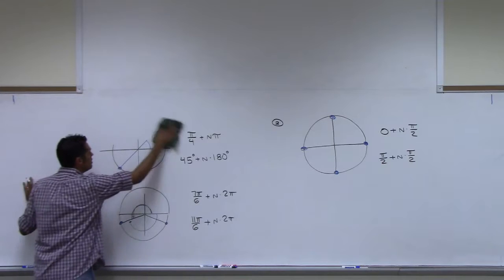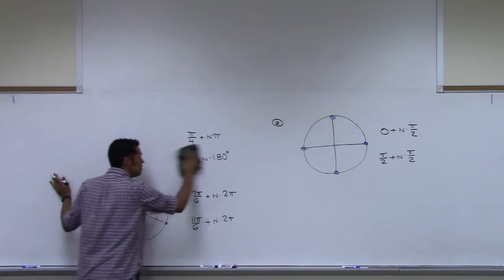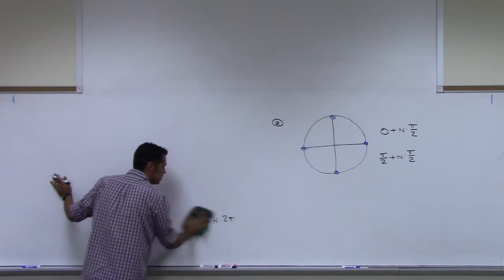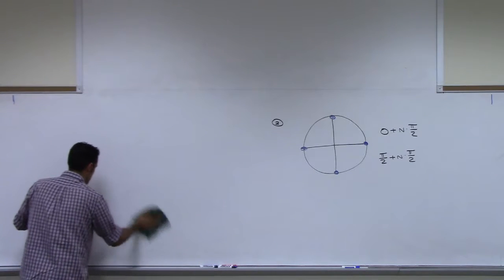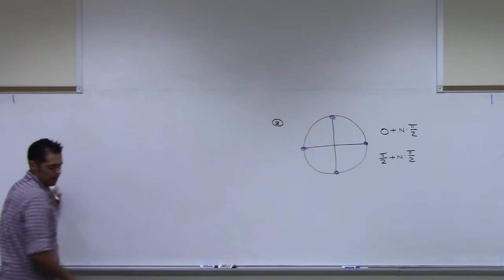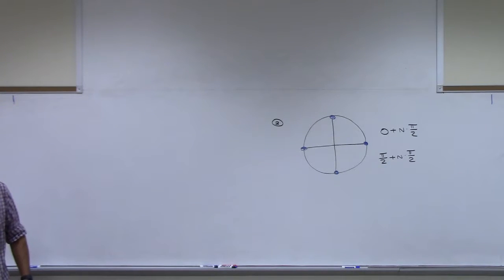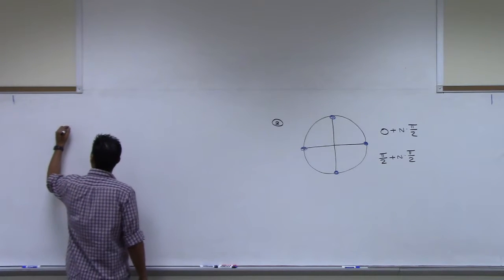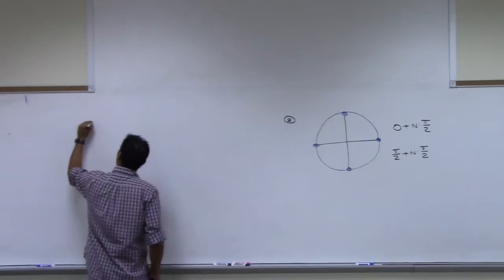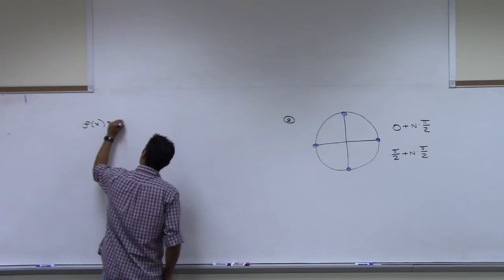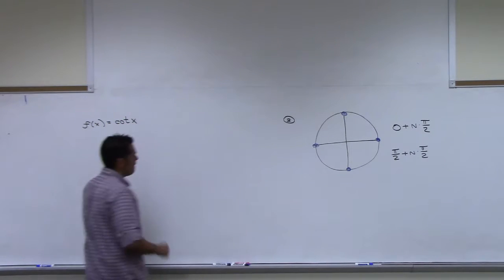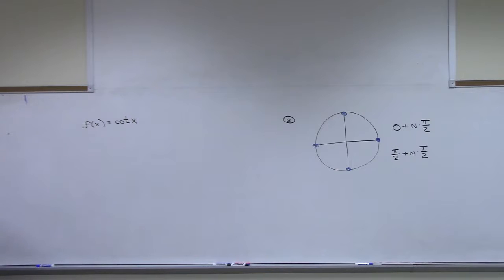Let's finish up what we didn't have a chance to finish last class, which was the graphing of cotangent. So f of x equals cotangent x. What does this look like?